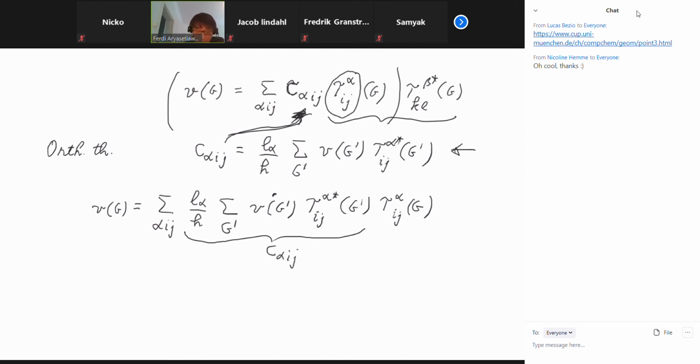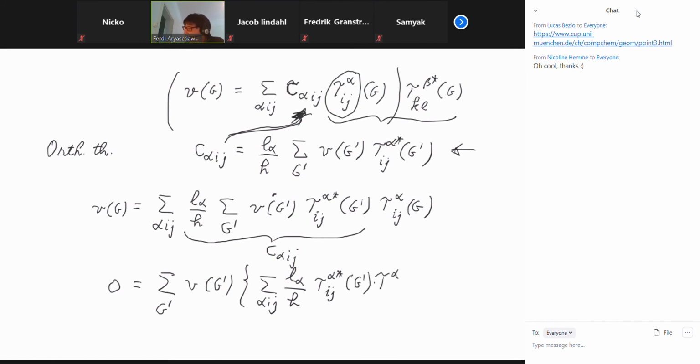Then we can rearrange this to get the sum over g prime, v g prime, and then the sum over alpha ij, h, minus the g prime.